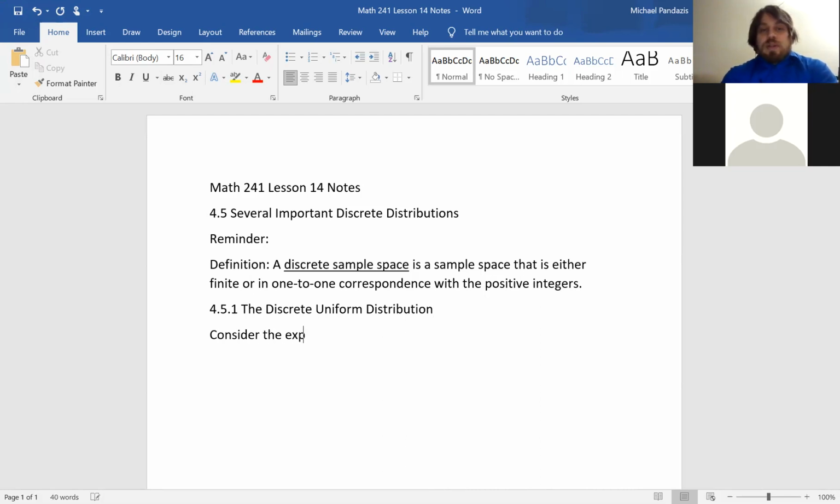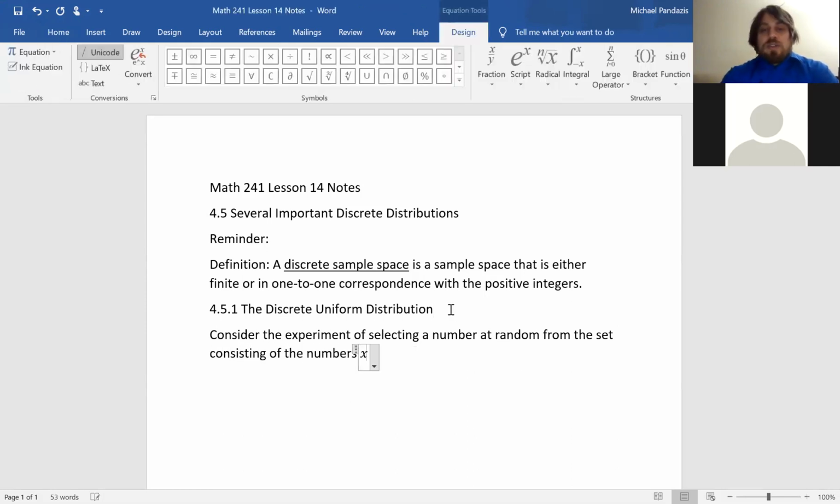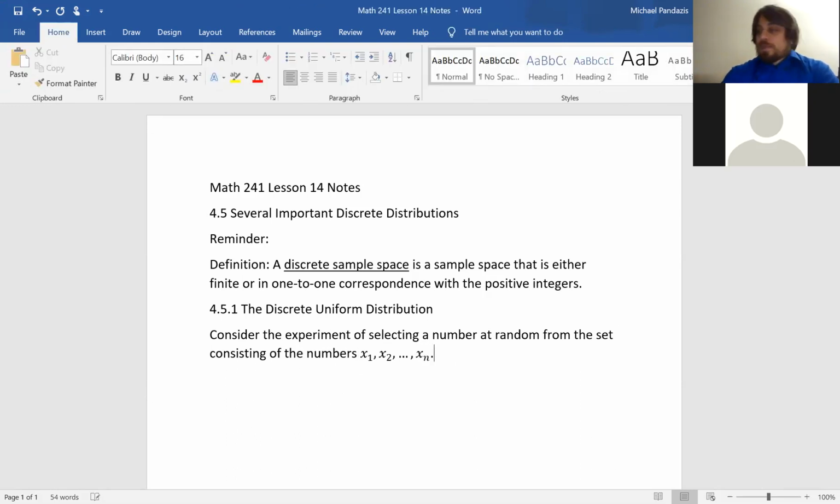Consider the experiment of selecting a number at random from the set consisting of the numbers. And so instead of writing the numbers, I'm going to write variables representing them. So the numbers are represented by x1 to xn.